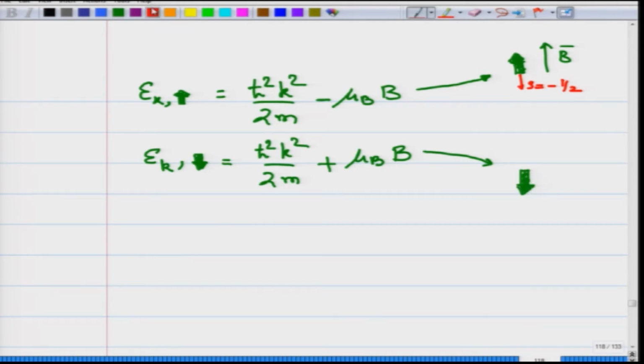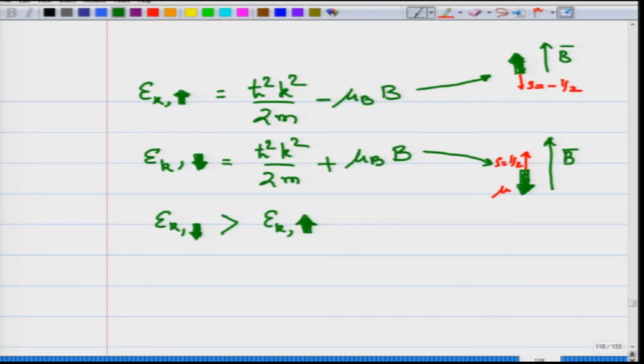The spin is the plus half case. This is the magnetic moment of the particle which is opposite to the direction of the magnetic field, that has a higher energy. So E_k anti-parallel to the B direction has energy which is greater than E_k parallel to the B direction.